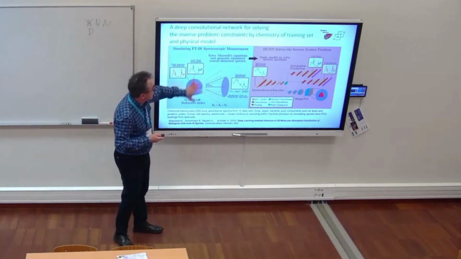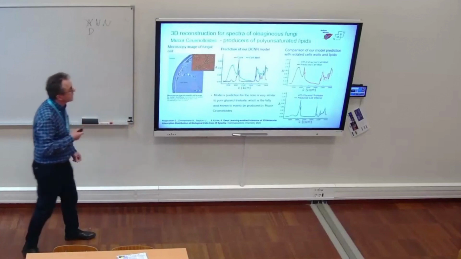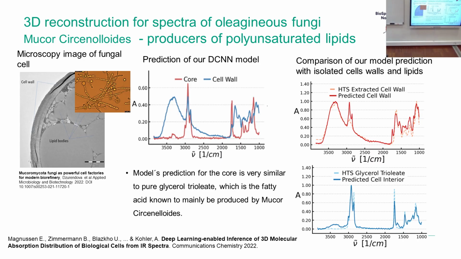And then we validated this with different cell systems we had. The first example is here. That's a filamentous fungi cell. You see lipid bodies inside. That's one of our systems we work on, because we are interested in producing lipids using filamentous fungi.